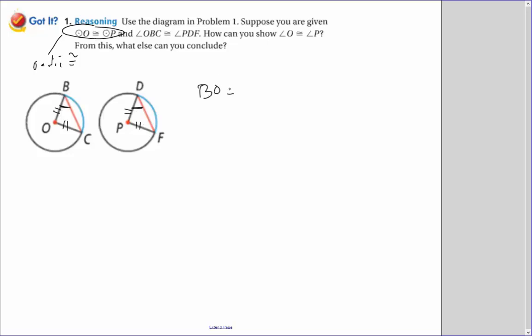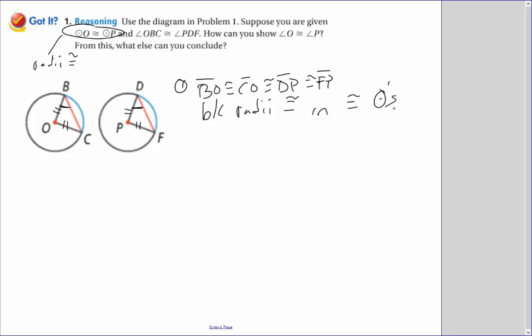So BO is congruent to CO, which is congruent to DP, which is congruent to FP. So all those radii are equal. Why? Because radii are congruent in congruent circles.